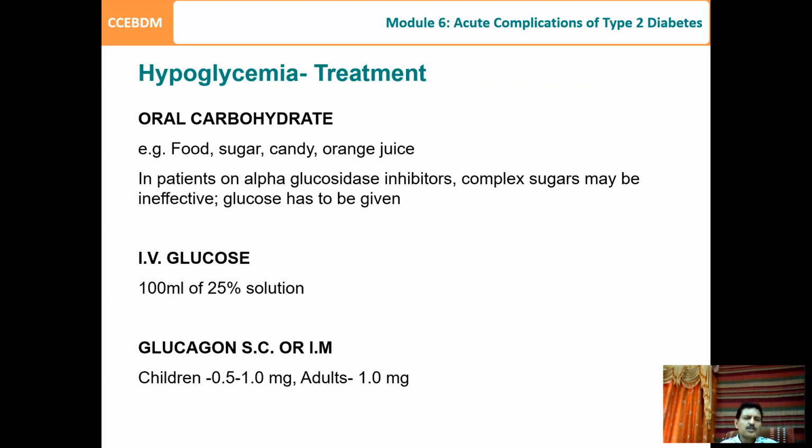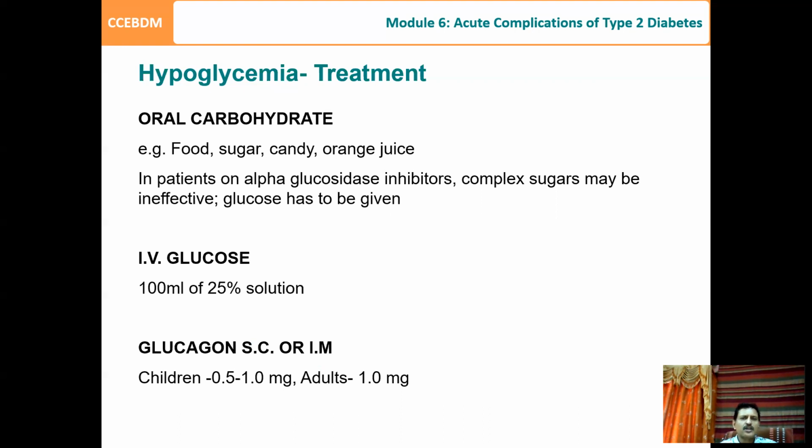If the patient is conscious and can take orally, then oral carbohydrate is the best way to treat the hypoglycemia. Usually we require roughly 15 to 30 grams of glucose. The best is to give a glucose drink because it is easily dissolved in water, and I always prefer to give glucose.